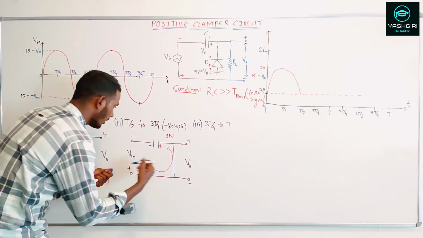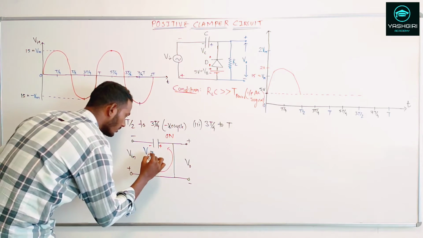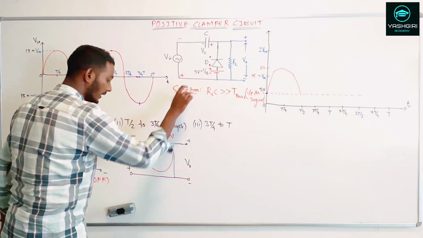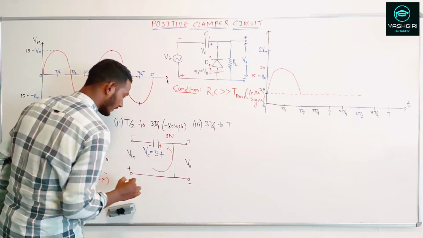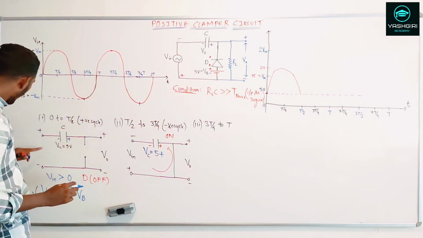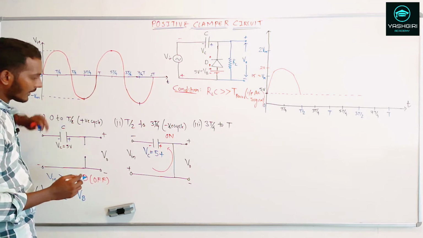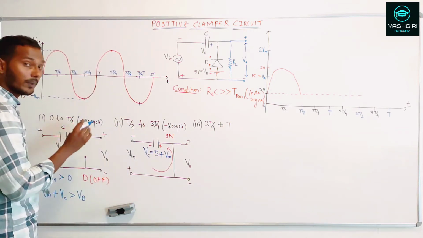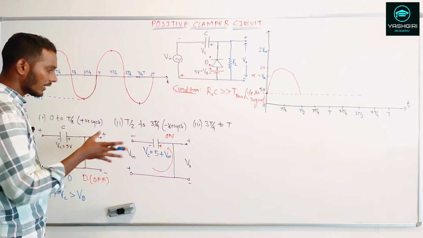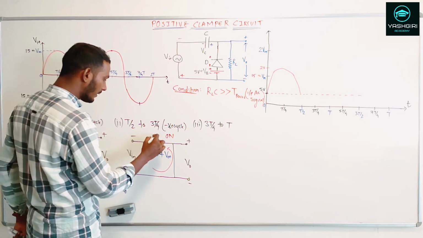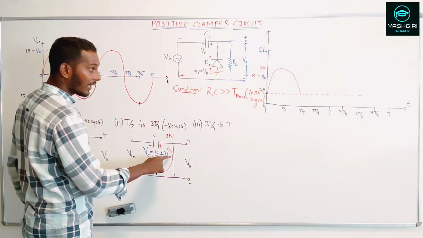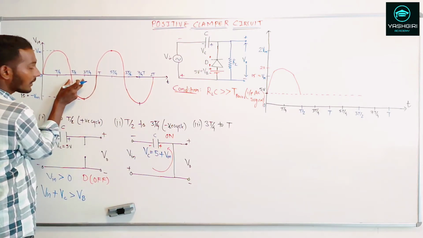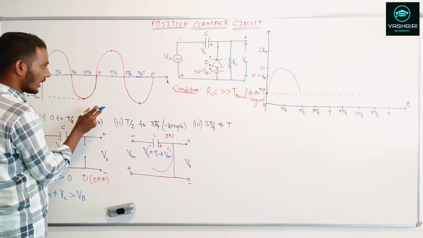Now the voltage across the capacitor will be equal to 5 volts, that is the biasing voltage Vb, plus the Vm voltage from the negative polarity. So there will be an increase of Vm, which is equal to 15 volts. So the voltage available across the capacitor is 5 plus Vm. That is happening during T by 2 up till 3T by 4, the capacitor is getting charged.